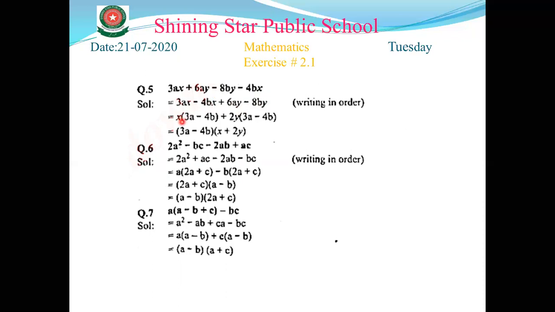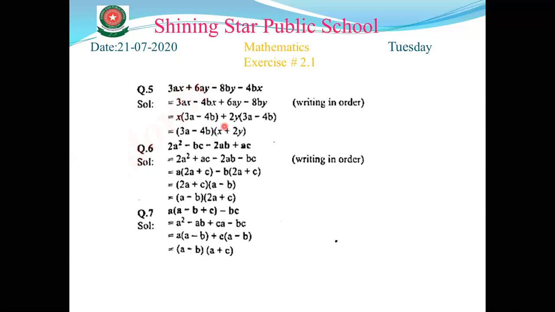But if you want to take common a, it becomes 3x plus 6y, and you also can take common 3a. So it becomes x plus 2y.